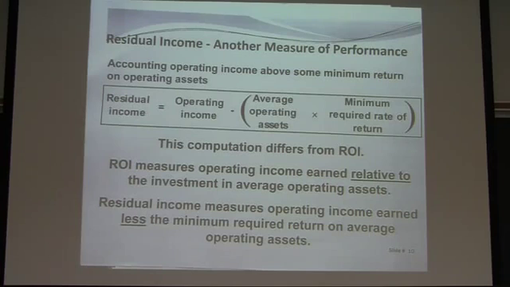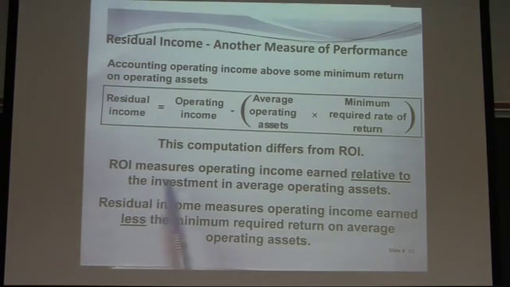So here, we're not calculating a percentage as in the ROI. We're going to calculate a dollar amount. And that dollar amount, the higher that is, the higher positive that number is, the higher the residual income. So we're going to take the operating income, we're going to subtract a charge using the required rate of return times the utilization of that operating asset to help us generate this operating income.